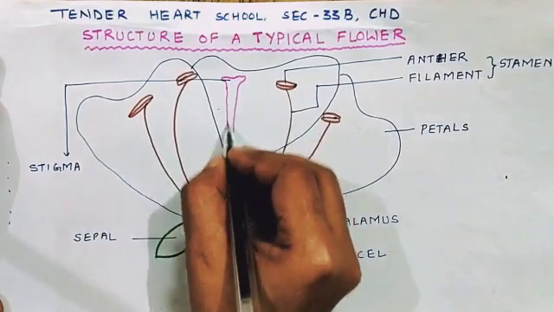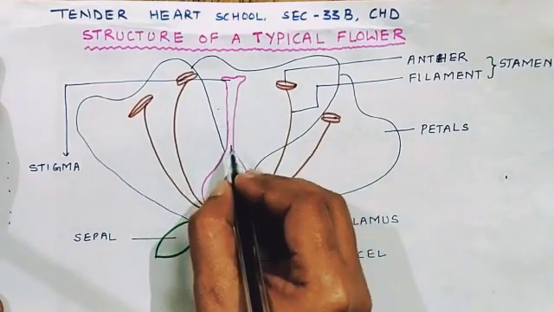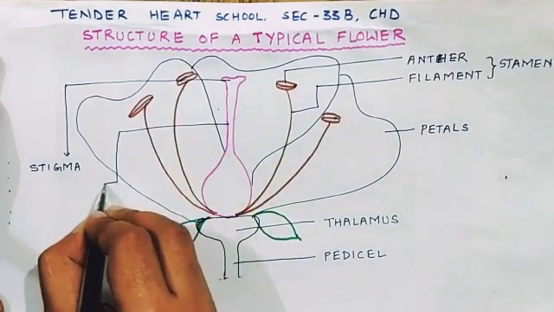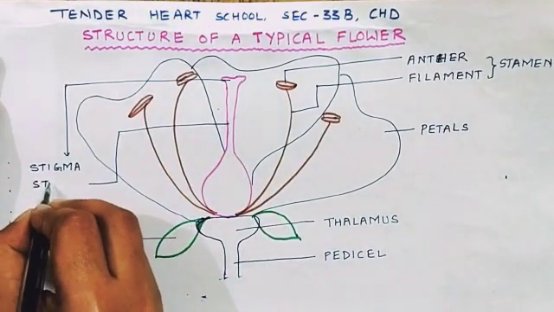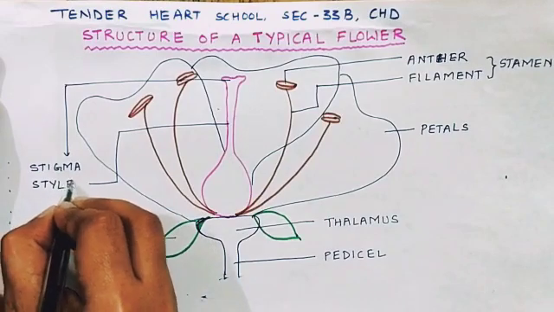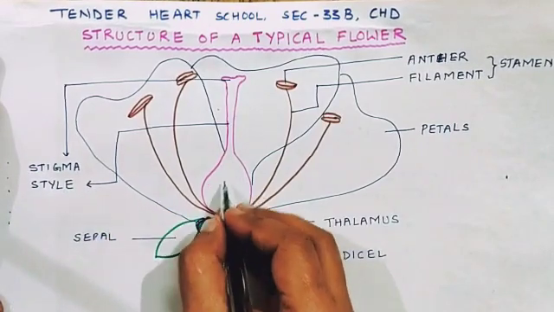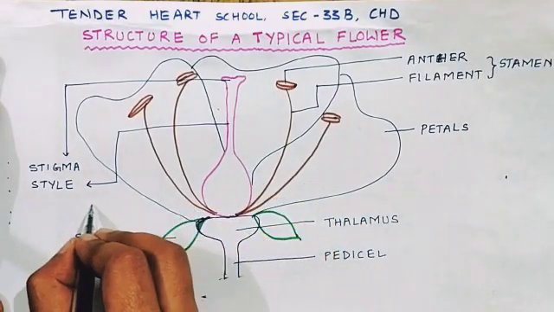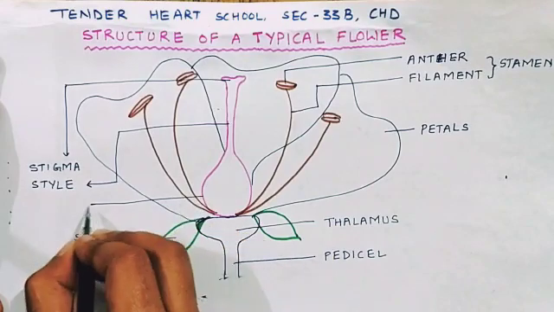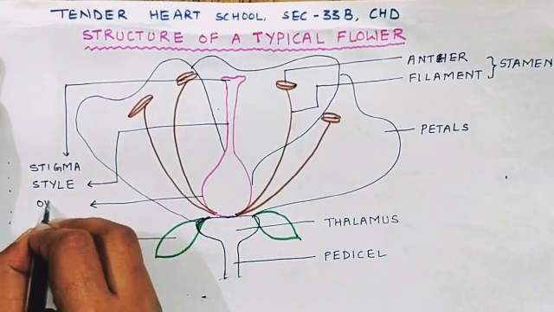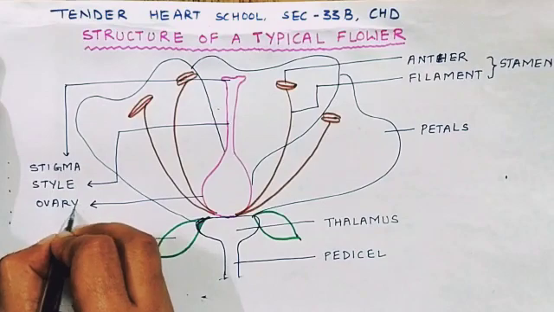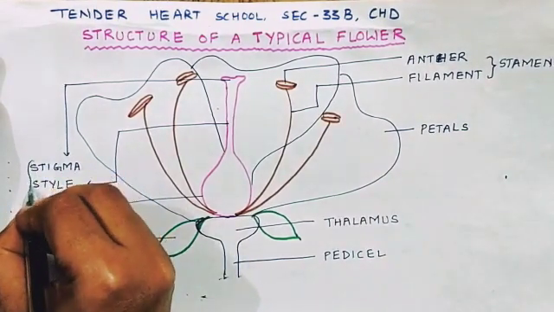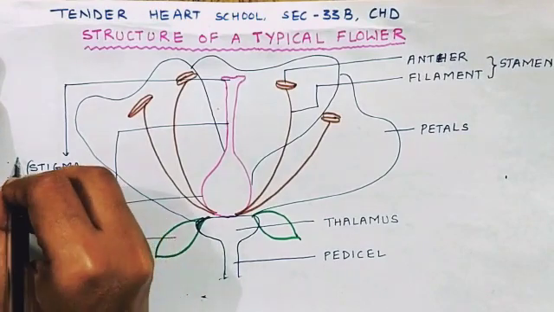This tubular stalk-like part of the carpel is called the style. And the lower basal, swollen region is called the ovary. So this is the ovary, right? These three parts taken together are forming the carpel.